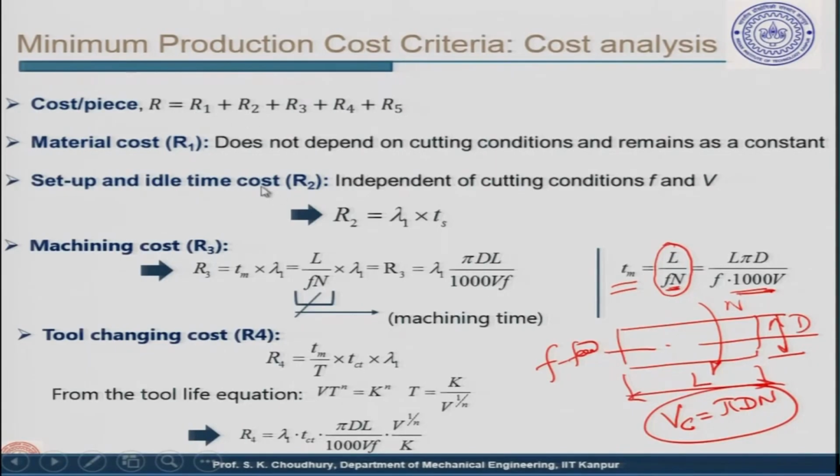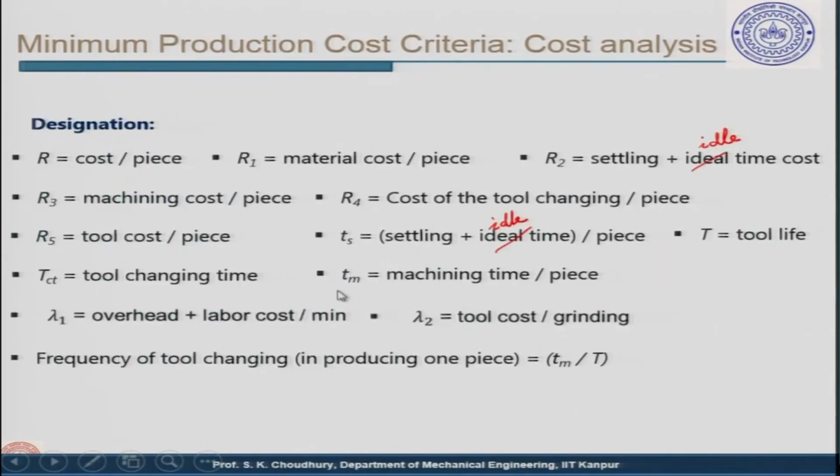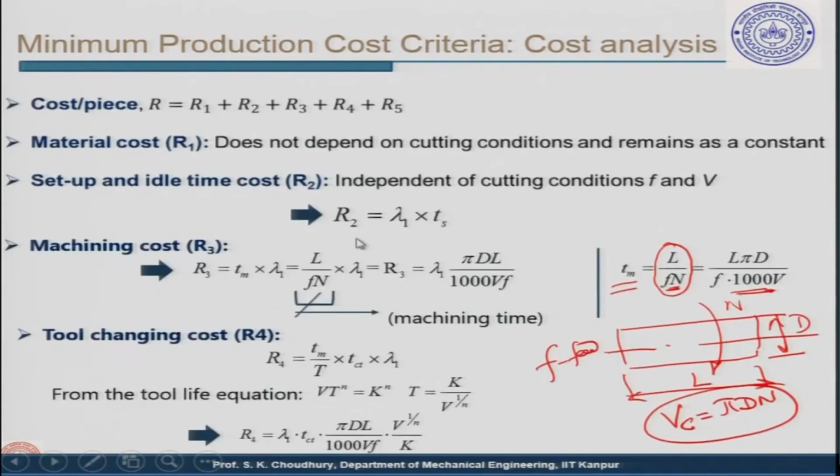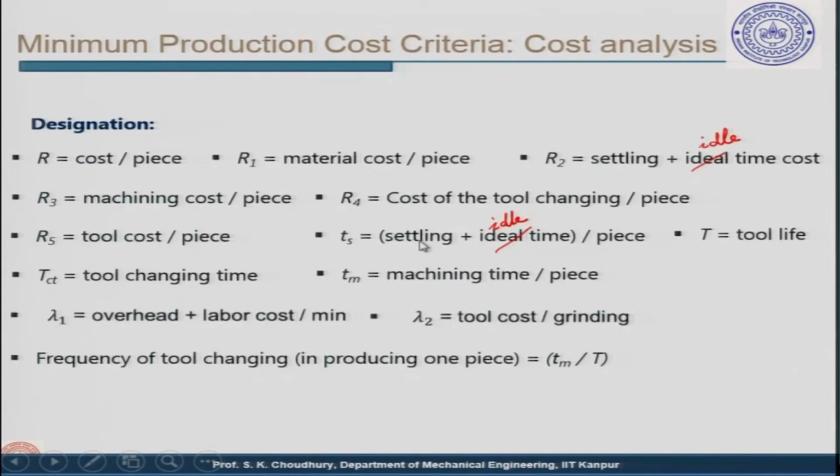Now, the setup and idle time cost, this R2, is equal to the time taken for the setup, which we said is Ts per piece, multiplied by the payment that you are making for this time, okay, and that we said is lambda 1, which is overhead plus the labor cost per minute. Okay.